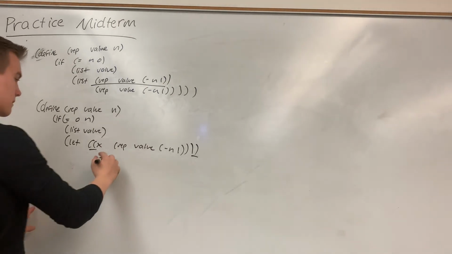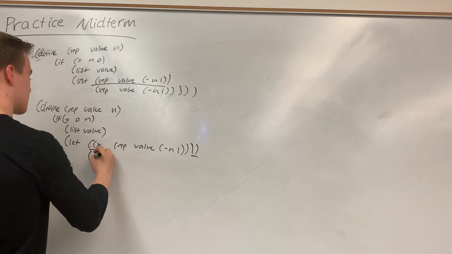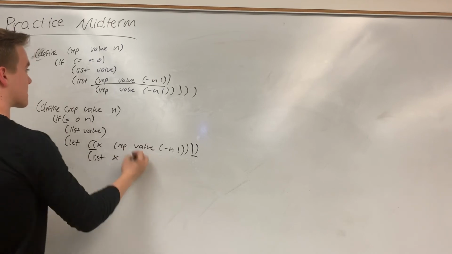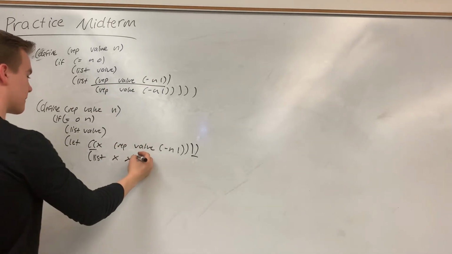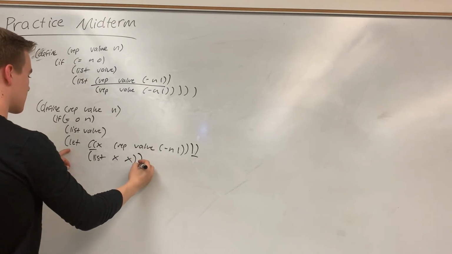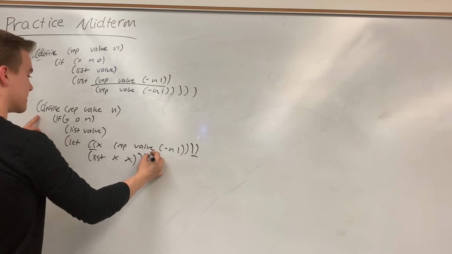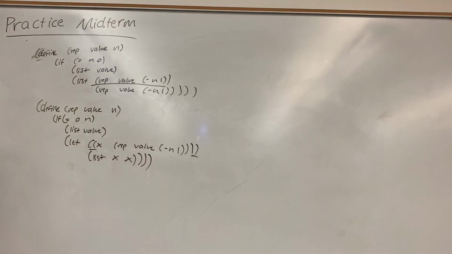Then I'll say list x instead of list rep value minus n 1, list rep value minus n 1. So then I'll close my let, I will close my if, my define. Okay, I think I did that right.